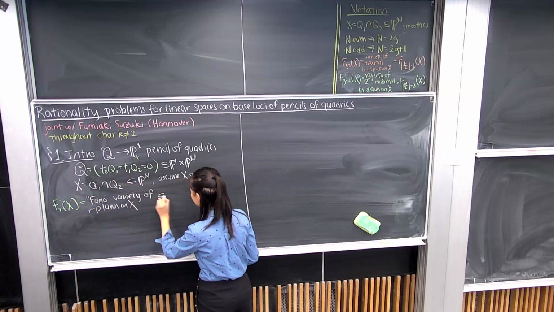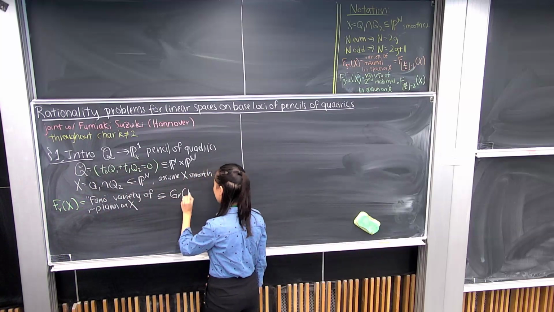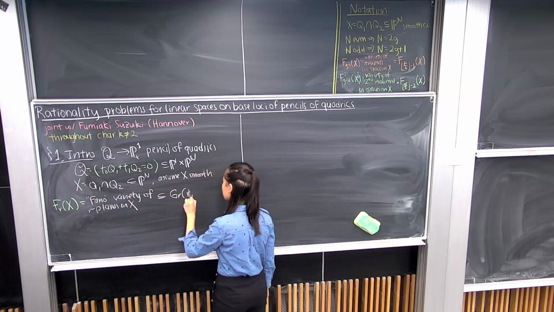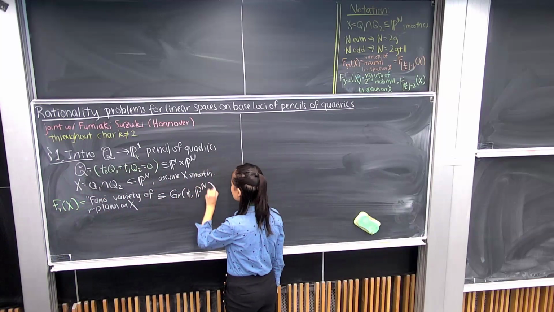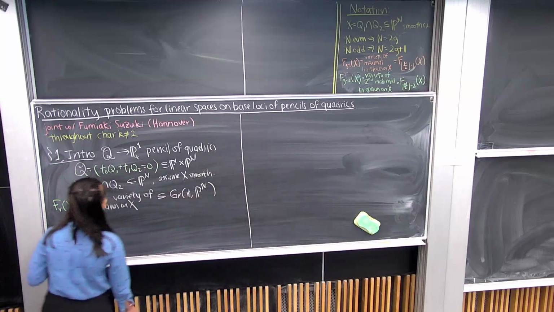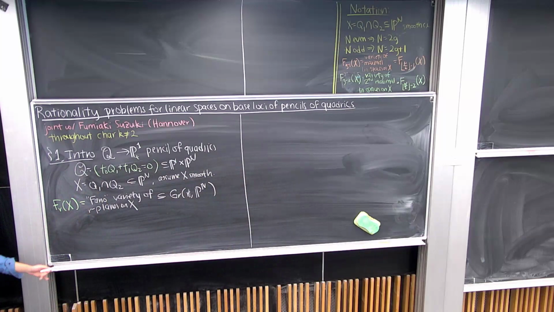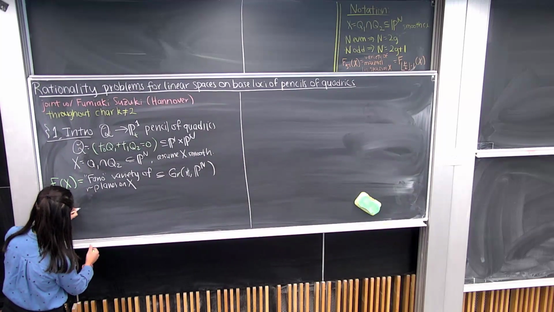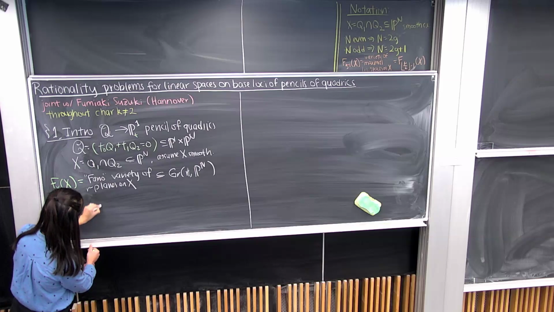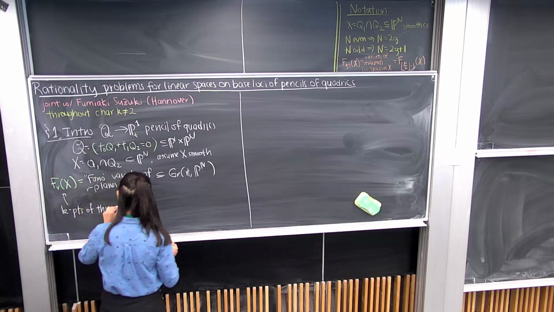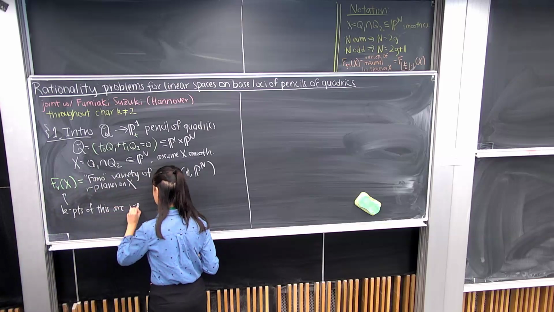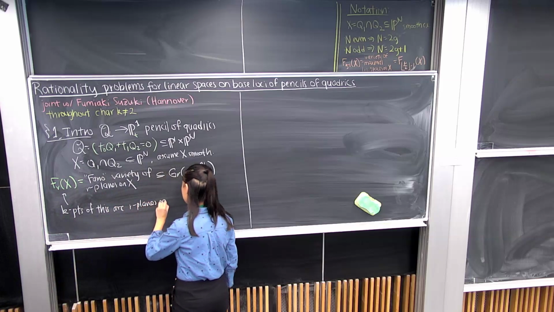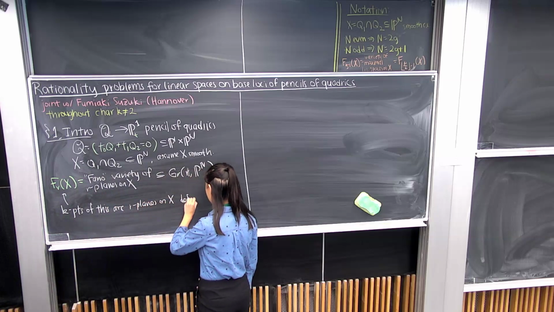This lives inside the Grassmannian of r-planes in P^n, so it's some sort of Hilbert scheme parametrizing r-planes on X. In particular, the K-points of this are the r-planes on X that are defined over K.